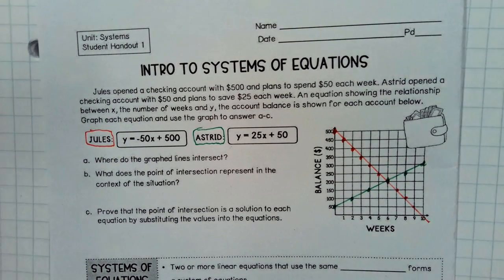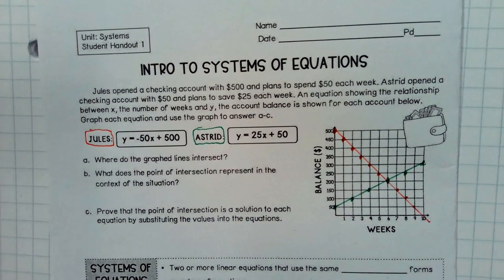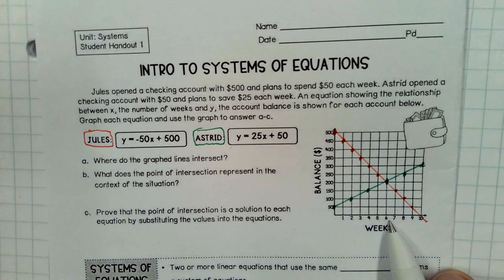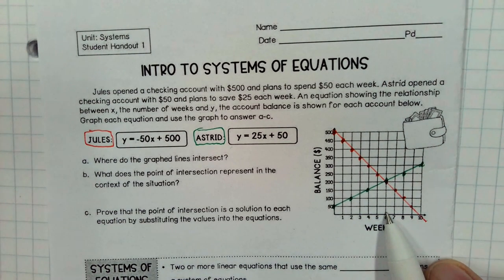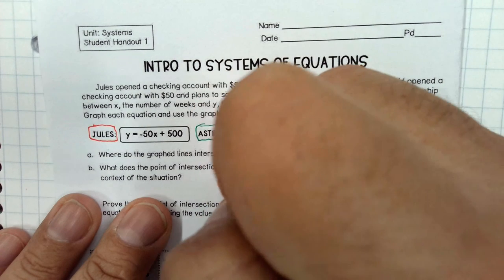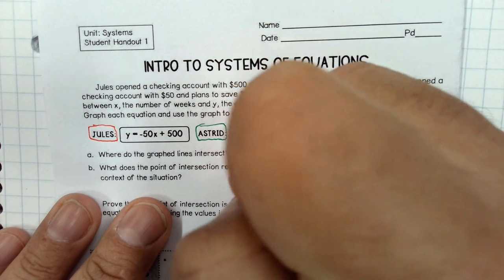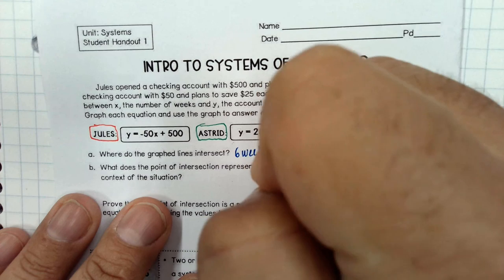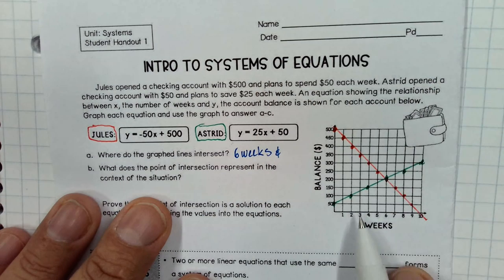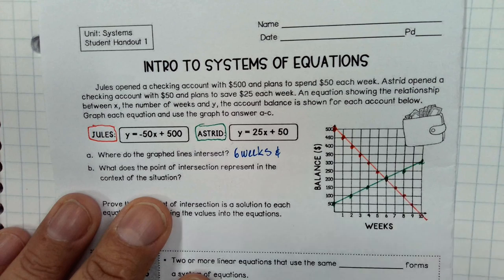So we got the graphs. And so the question is, where do the graphs intersect? At 6 weeks. Six weeks, and how much money are we talking about? $200.